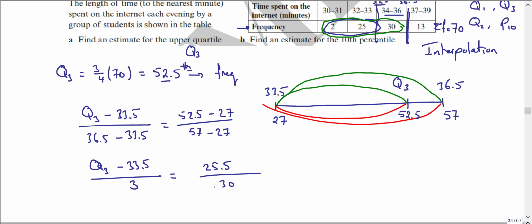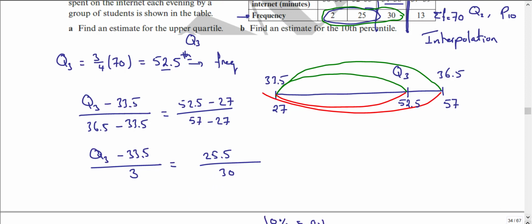Use the calculator. And then you find Q3 minus 33.5. You can divide this, no problem. You get 0.85, and multiply it, cross multiply.